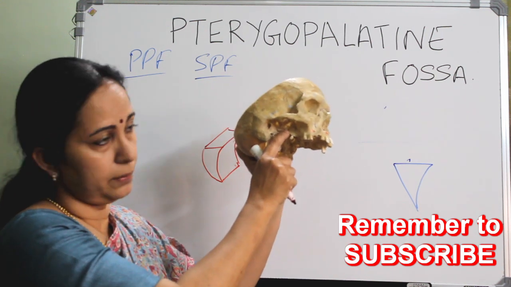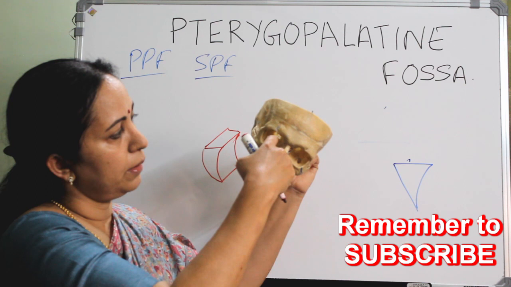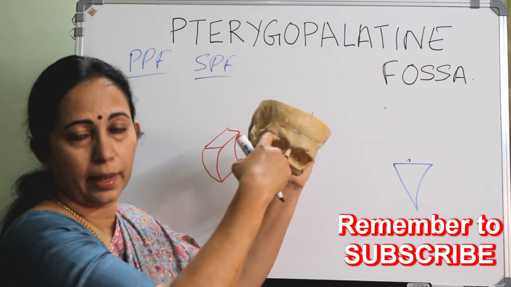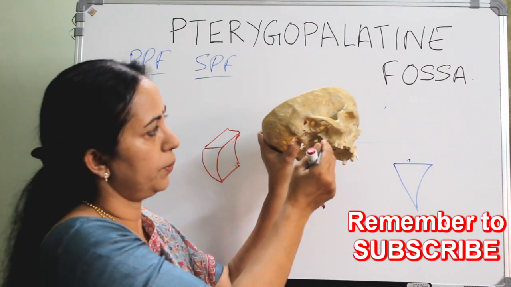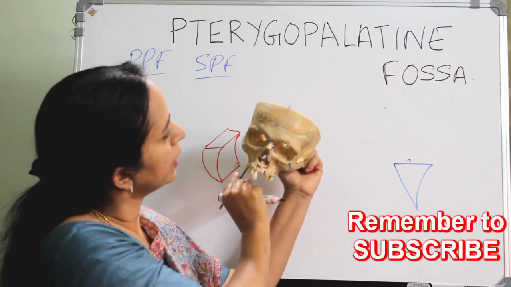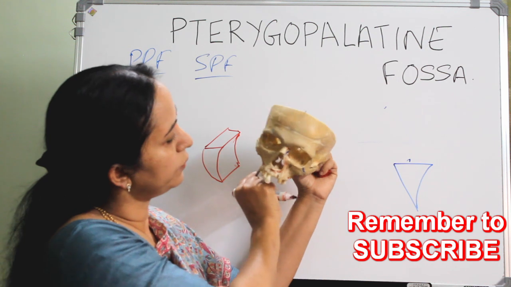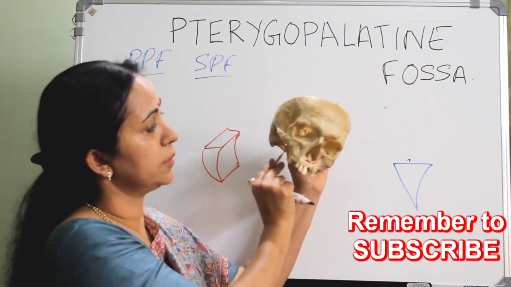See, it's deep behind, almost inferior to the apex of the orbit. See, here comes the pterygopalatine fossa. It goes through the inferior orbital fissure into the orbit.